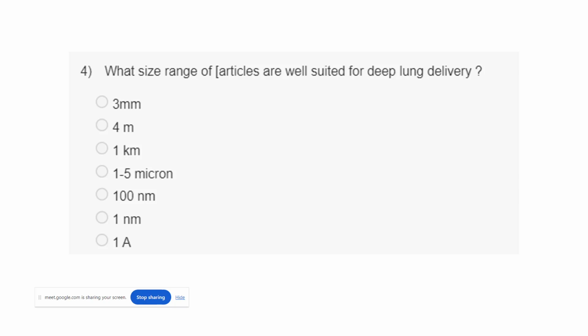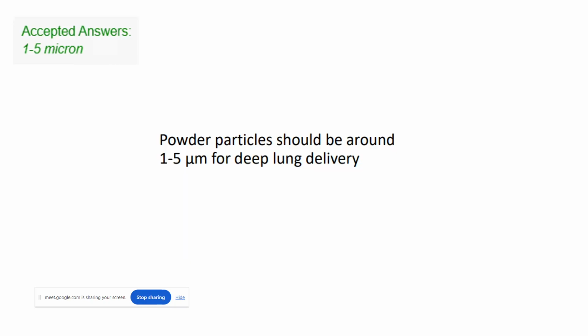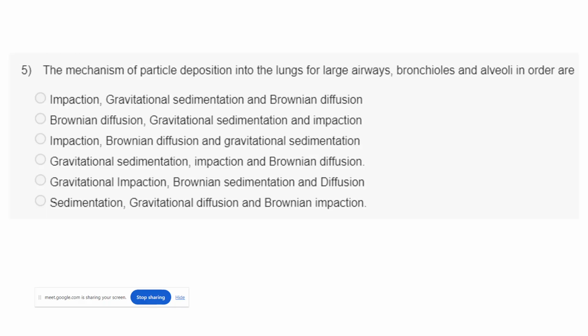Okay, 1 to 5 micron. Okay. All of you are correct. It would be 1 to 5 micron, and these are suitable for deep lung delivery.